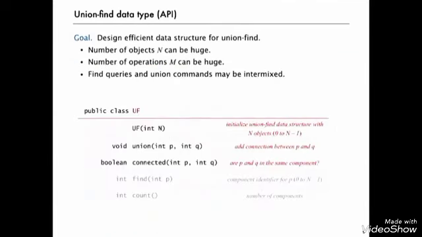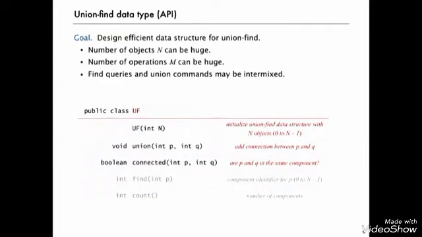All of that leads up to, in a programming world, specifying a data type, which is simply a specification of the methods that we're going to want to implement in order to solve this problem. So in our typical Java model, what we'll do is create a class called UF that contains 2 methods, one to implement union, the other one to implement connected, which returns a Boolean.